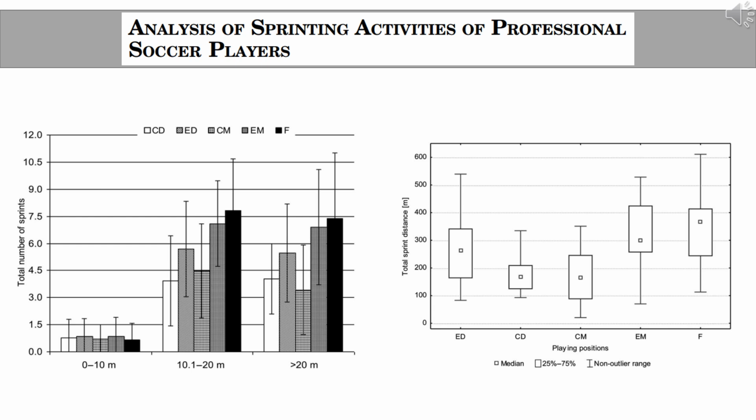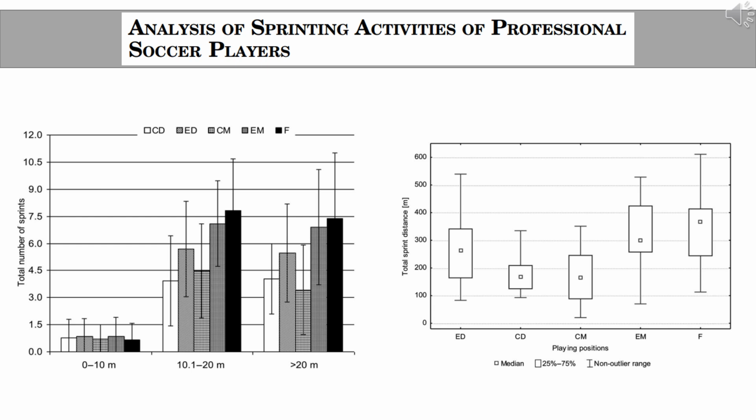And then central defenders and central midfielders typically sprint the least number of times. If we move to the graph on the right and we then translate that total number of sprints into total sprint distance, again, it's not a huge surprise to see our forwards have the largest total sprint distance, given they typically are doing the largest total number of sprints.